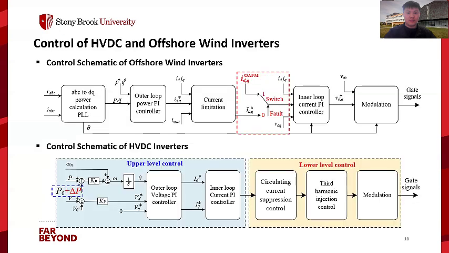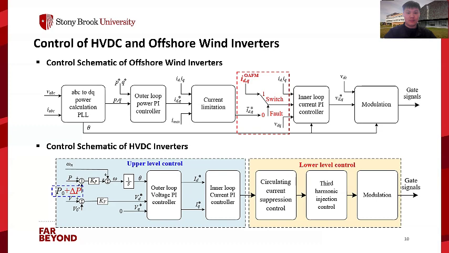The control schematic of offshore wind inverters and HVDC inverters is shown in these slides. In our test system, double-loop control-based grid following control is applied by offshore wind farms. Loop control-based grid forming control is applied by HVDC inverters, as shown in the two figures respectively. For the offshore wind inverters, under normal conditions, the double-loop-based controllers are functioning.